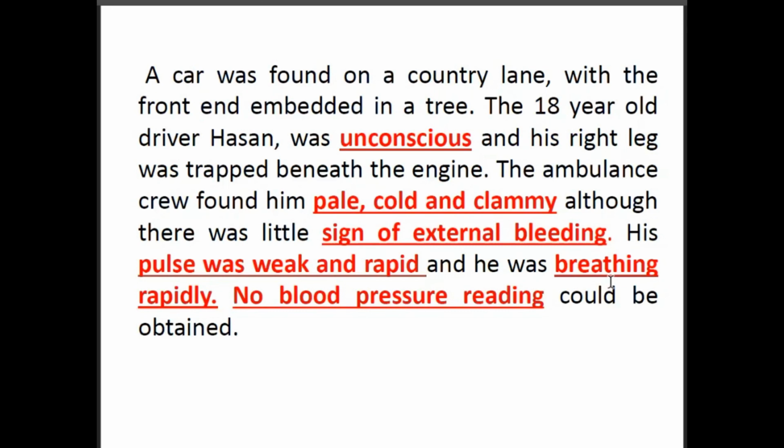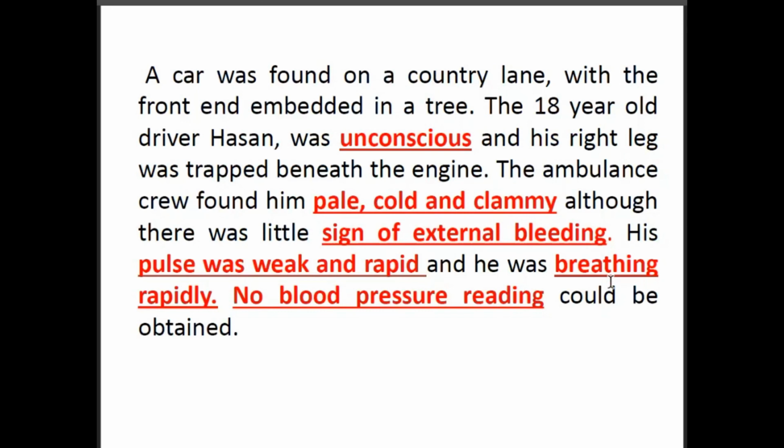A car was found on a country lane with the front end embedded in a tree. And you arrive, you find Hassan, who is 18 years old, unconscious, and his right leg was trapped beneath the engine. So you have a very serious emergency. The ambulance came, and the timing is very important.